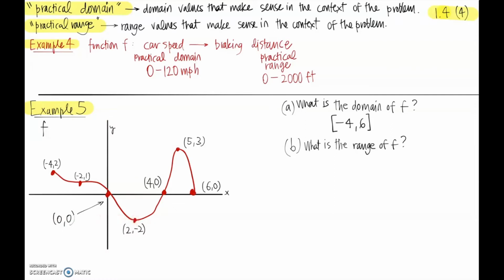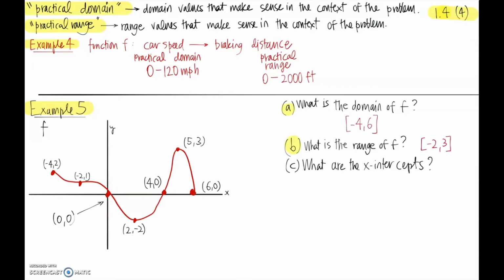What's my y value there? It's -2. And what's my high point for an output value? It's about right here, which is 3. So from about -2 to 3, and all the numbers in between, that's the range of f.